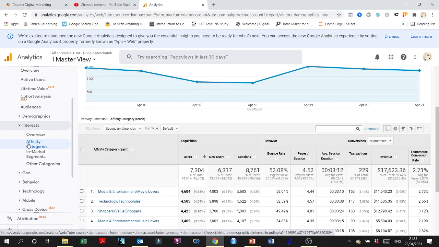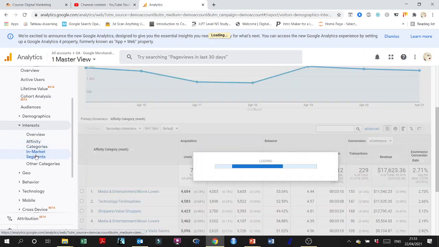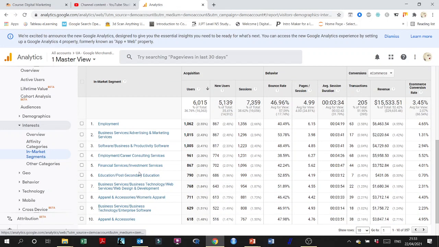So if I'm the kind of outdoorsy person, you can describe me as an outdoorsy kind of person. So rely on this affinity interest on the long run, and the in-market interest for identifying my maybe worries. Right now, my worry or my concern is to find the most suitable running shoes.